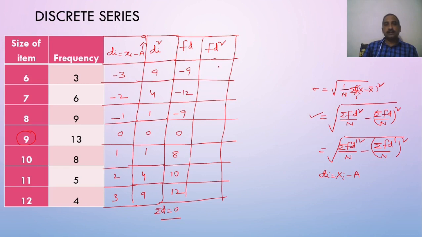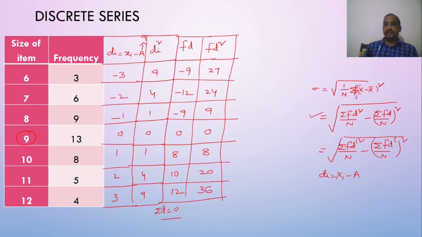Summation fd value is 0. So now fd square value: 3 9s is 27, 6 4s is 24, 9 1s is 9, 13 zeros are 0, 8 1s is 8, 5 4s is 20 and 4 9s is 36.